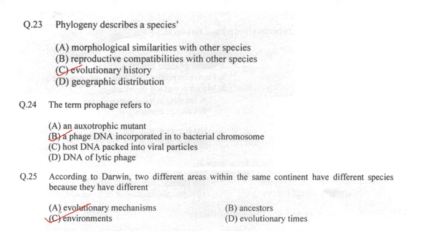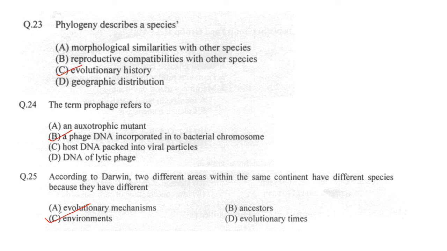Next one, according to Darwin, two different areas within the same continent have different species because they have different, okay, two different areas. So two different areas means naturally their environment is going to be different from one to the other within the same continent.